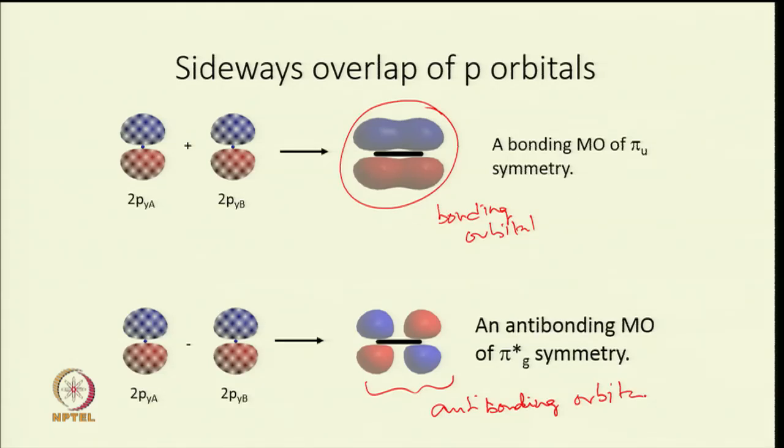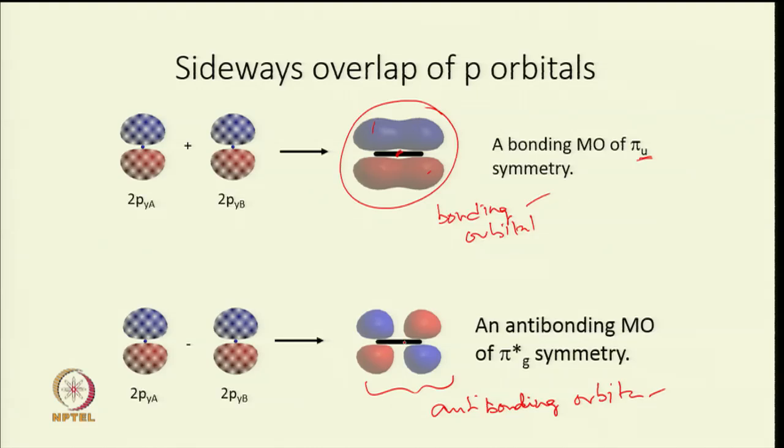So, this is the molecular orbital formed by the sideways overlap of p atomic orbitals, and you get a bonding orbital and an anti-bonding orbital. If you take the center of inversion here, you can see that here is blue, then here is red, and so this orbital is anti-symmetric with respect to the center of inversion, and that is why it is given the symbol u, ungerade.